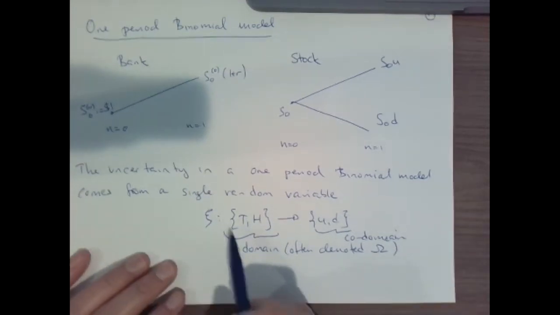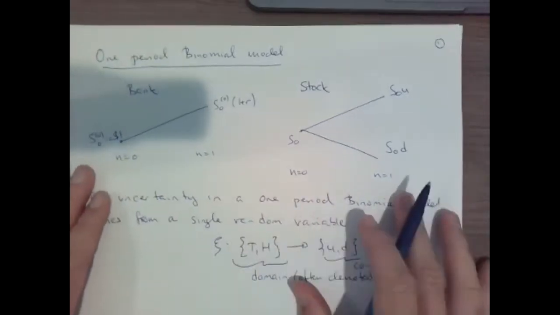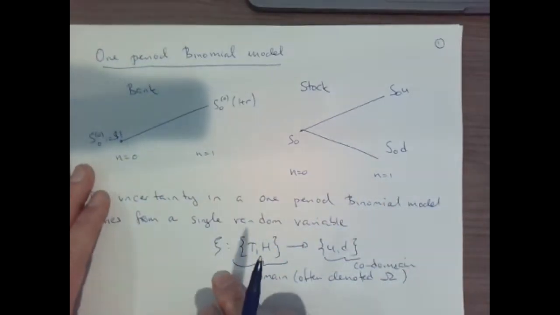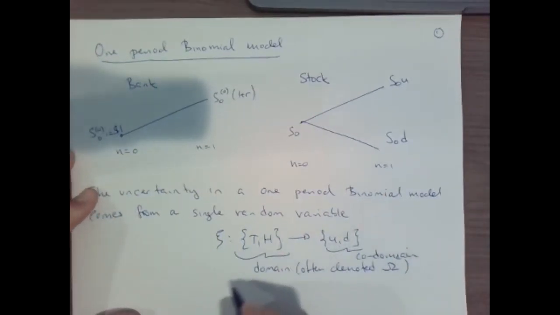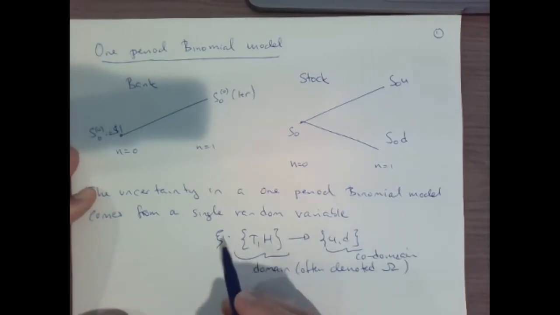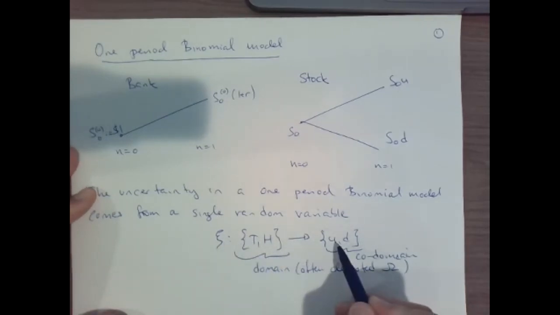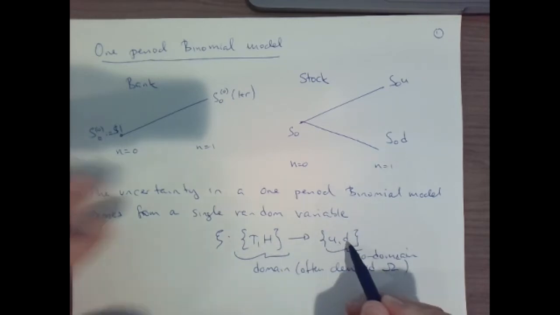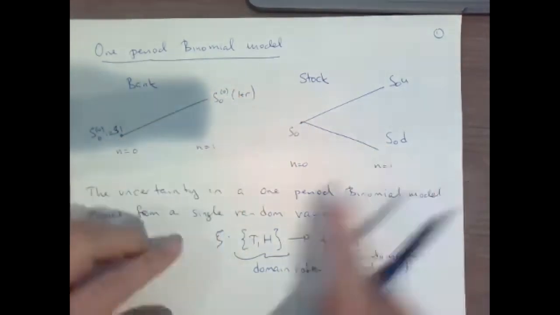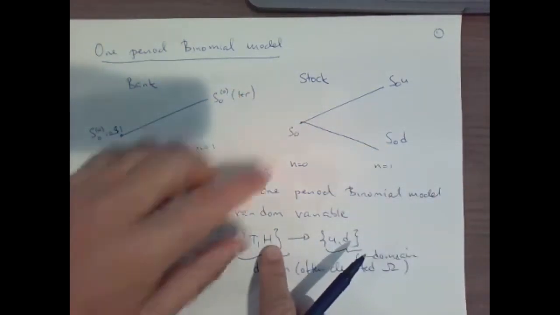So all the randomness in the model comes from this single random variable. When you put tails into psi, you get d. When you put heads inside psi, you get u.